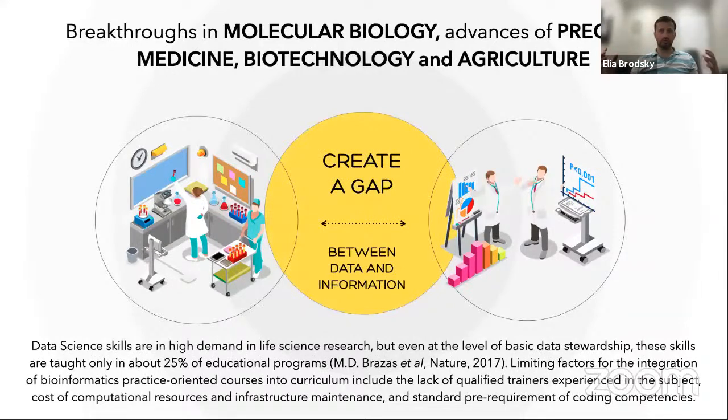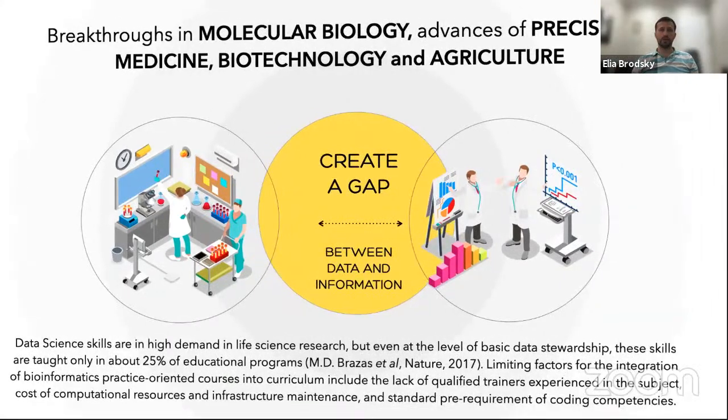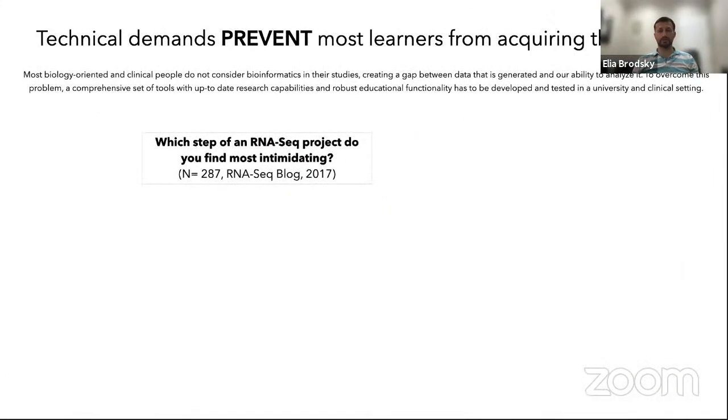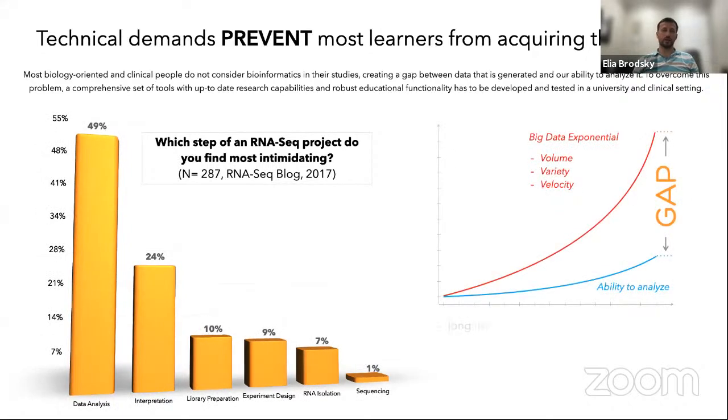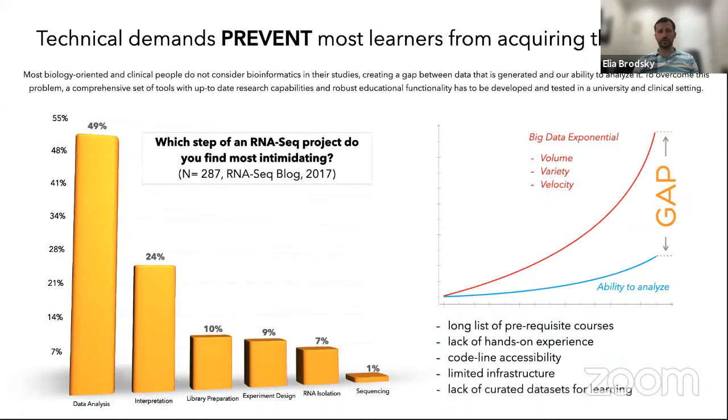To bridge this gap, we started looking into some information from people who are involved in these kinds of tasks. The survey clearly shows that the majority of users attempting to run pipelines and analyze large-scale, high-throughput omics data are struggling with the data analysis component.